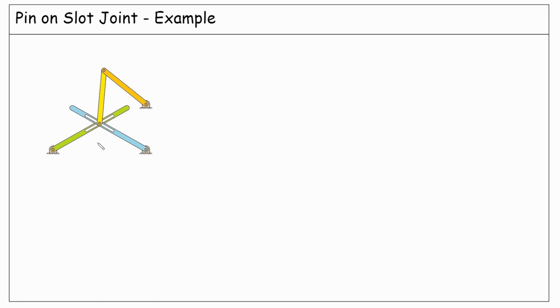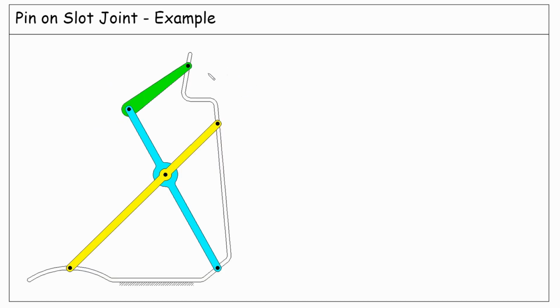In this third example, the pin of the yellow link is moving inside the slots of 2 links. The degrees of freedom is 3 times 4 bodies, minus 2 times 4 revolute joints, minus 1 times 2 pin on slot joints, since we have this pin along both this slot and this slot, and the degrees of freedom is 2.